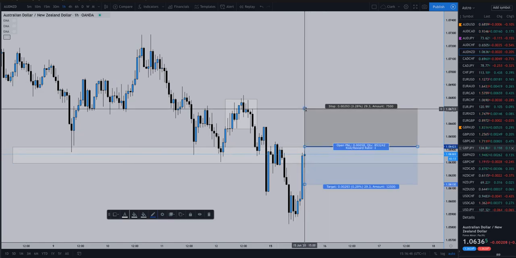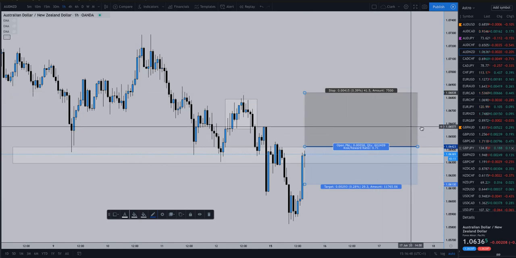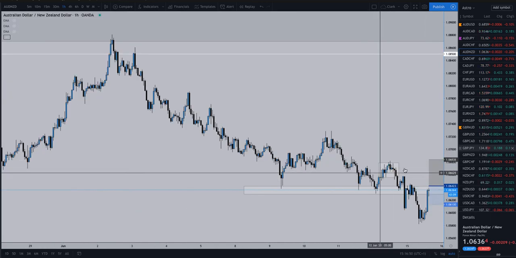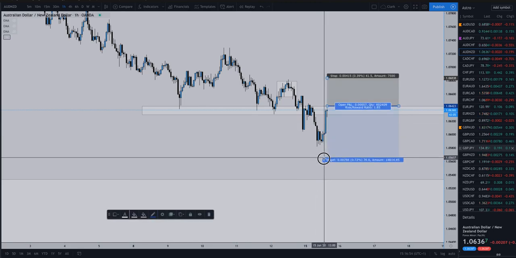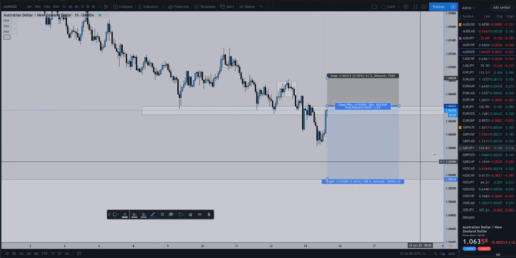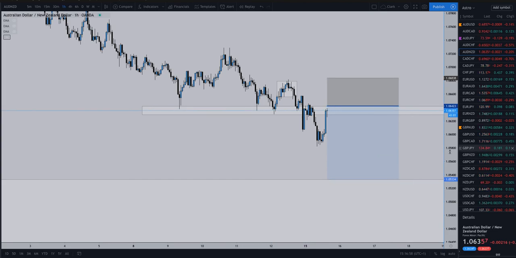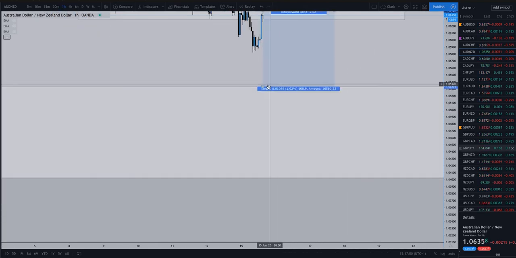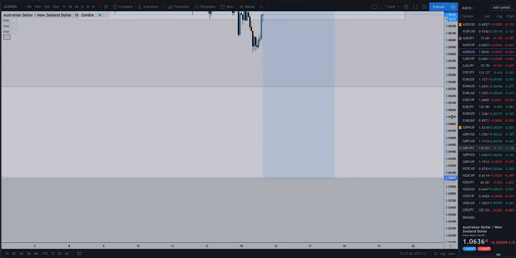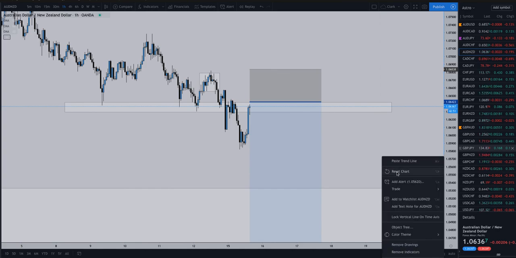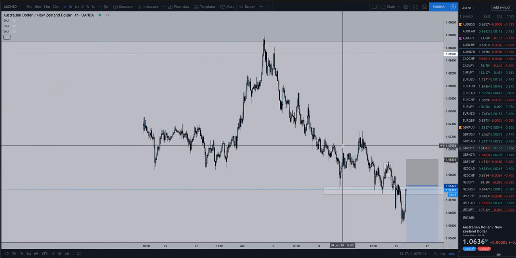I'm going to go ahead and just leave this on for future reference. If this does play out, start with that. You know what? Might as well just take it there and set my targets in between. Okay, so that's going to do it for AUD/NZD.